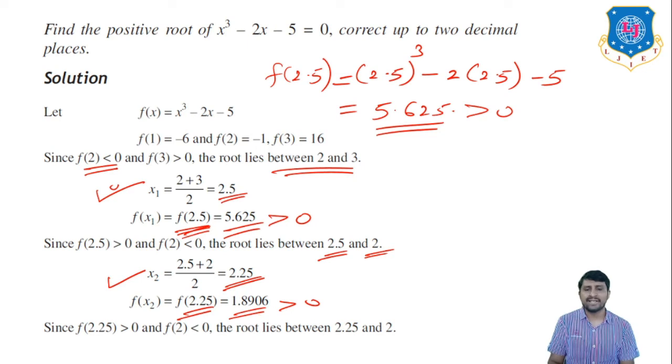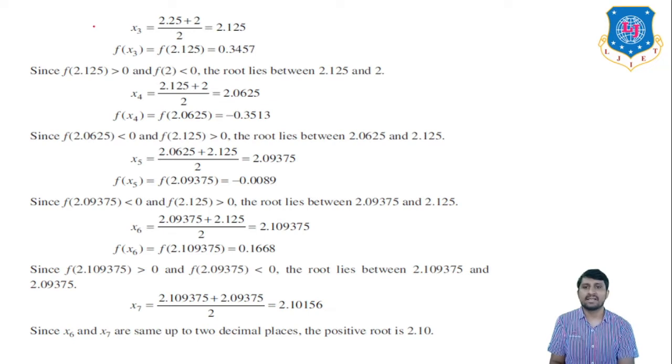You will get 1.8906, which is also positive. f of 2 is negative and f of 2.25 is positive, so your root lies between 2.25 and 2. The next approximation is (2.25 plus 2) divided by 2, that is 2.125. Again you get a positive value at f of 2.125.